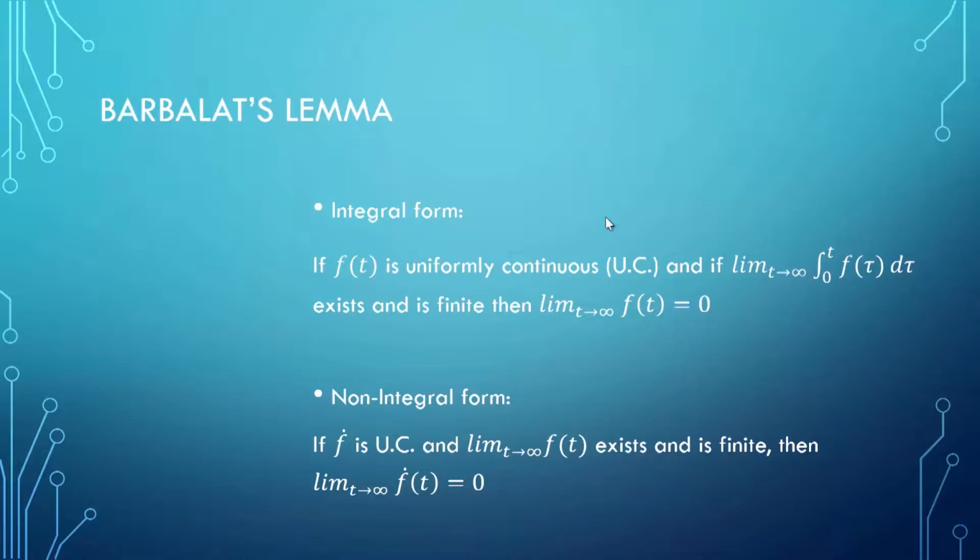So this is Barbalat's lemma. And this lemma has been used to prove the stability of non-autonomous systems. Can you imagine how you would apply this? Imagine maybe 50 years ago, you know this theory. You are Barbalat, and you invent these two theories. You are not a control engineer or a researcher from the College of Engineering.